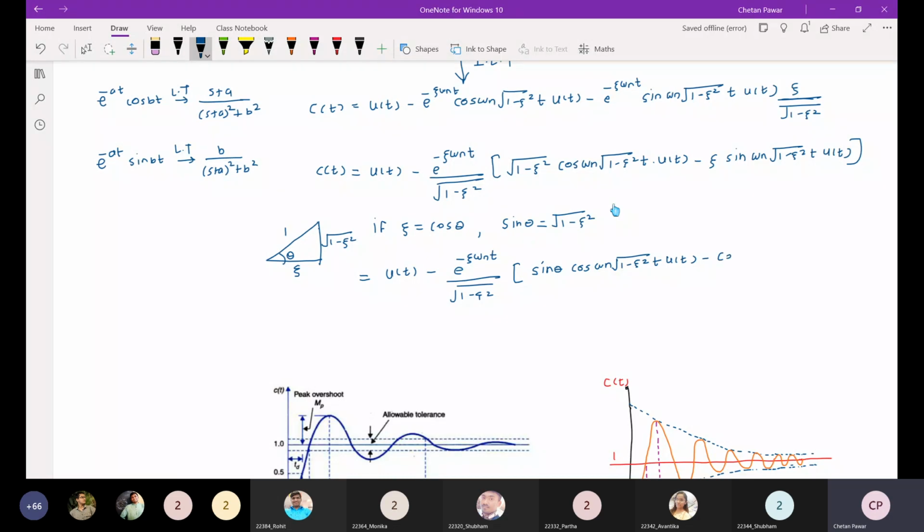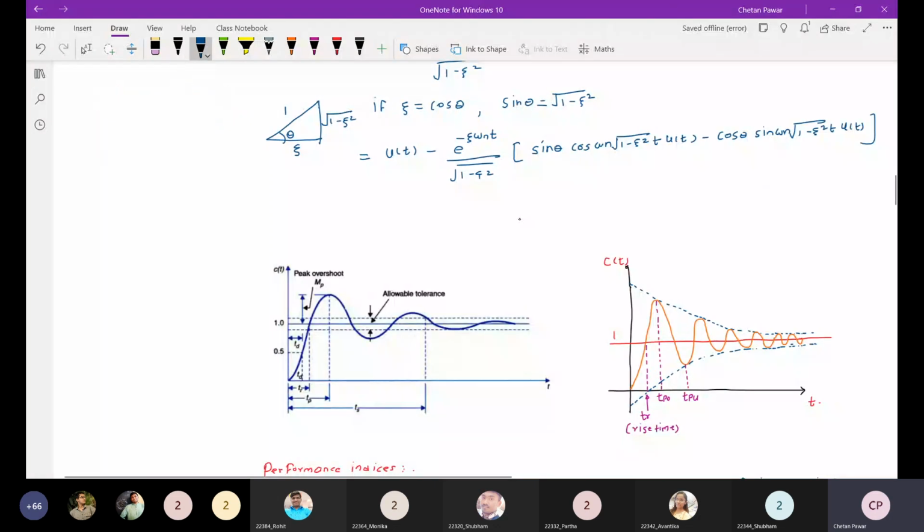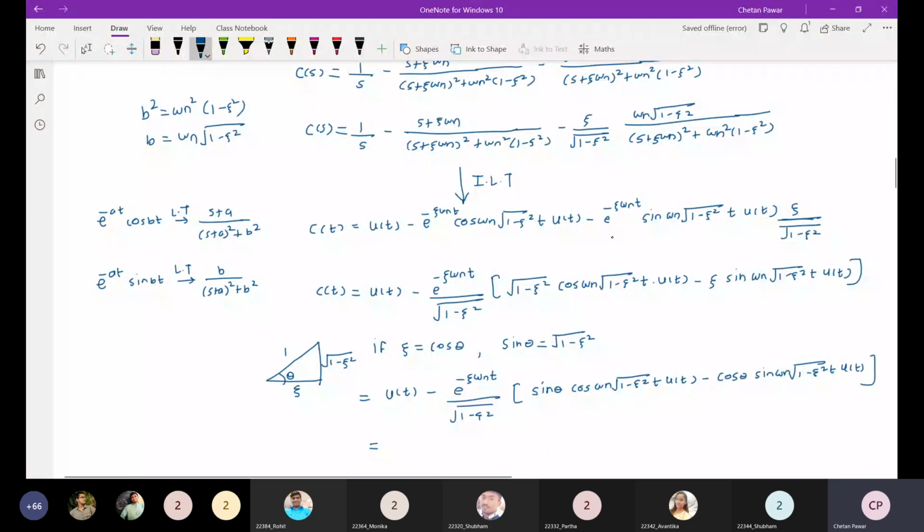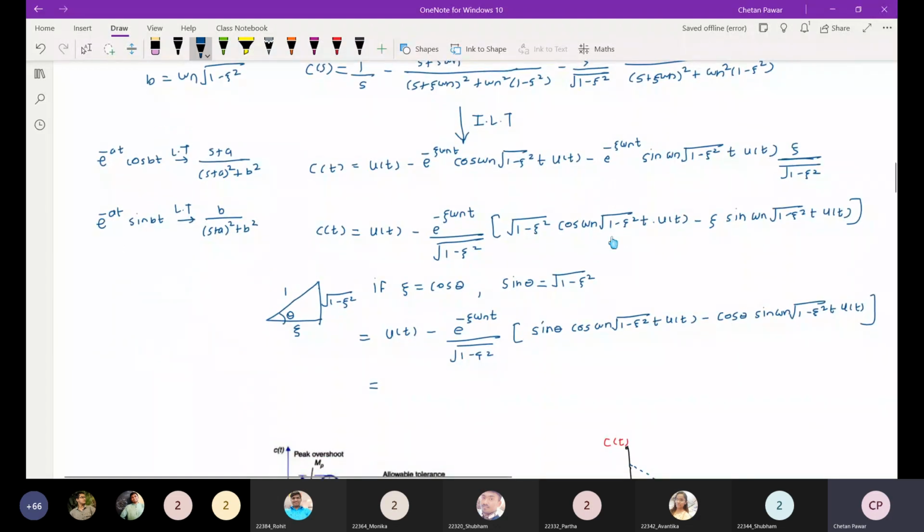okay, so cos theta, then I will simplify that term. I will take just minus outside, so here this will be plus, right?